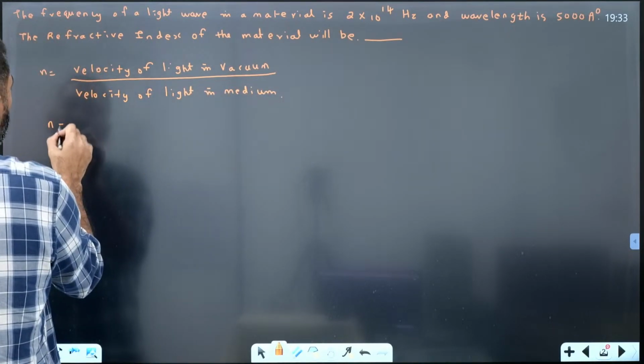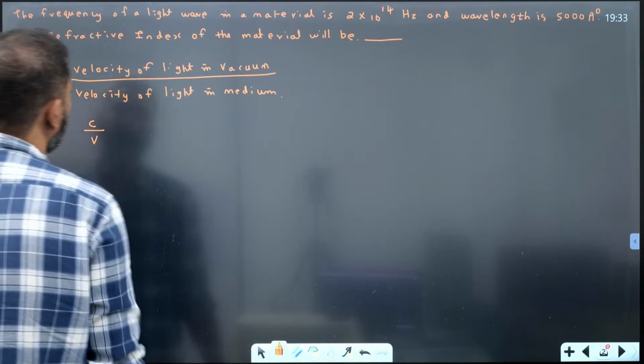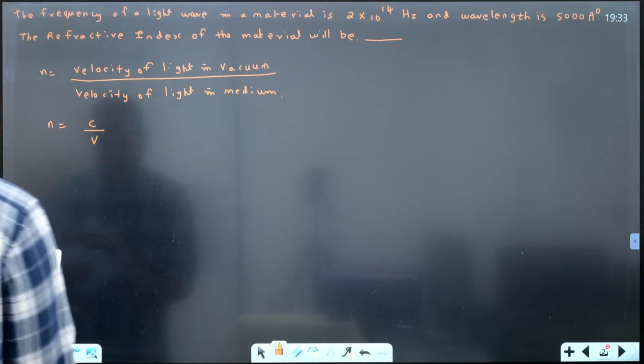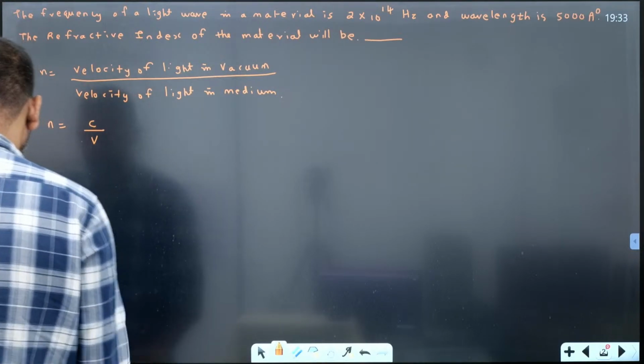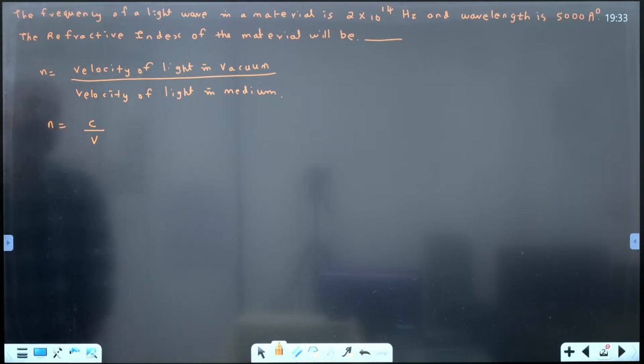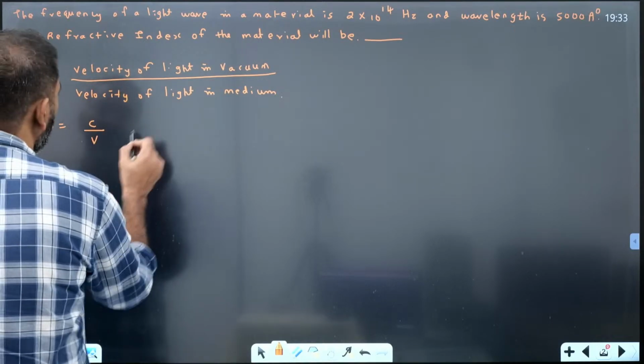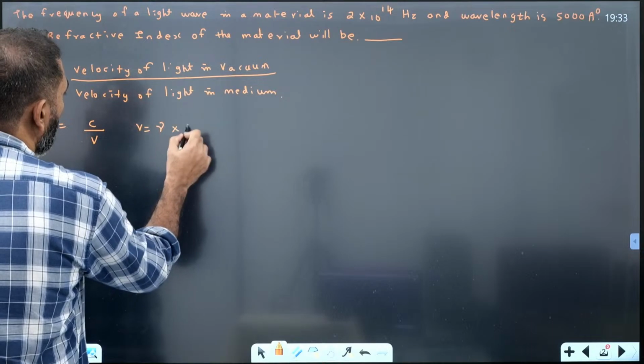N is equal to C by V. That is the equation. So what is the data given? Velocity of light wave in the material is given through frequency and wavelength. We know that V equal to nu lambda.